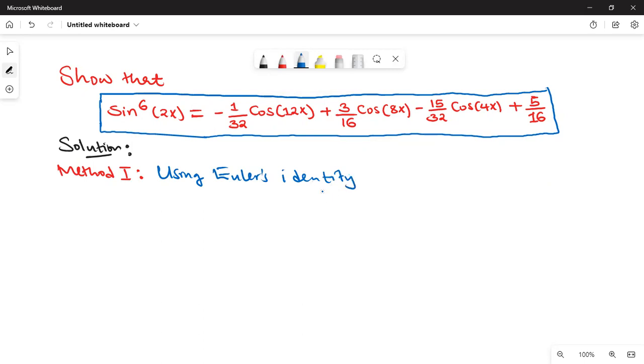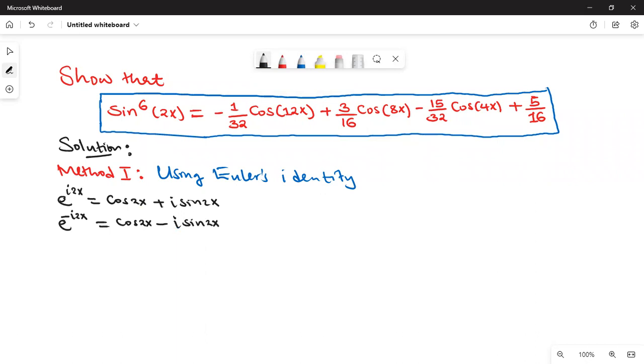Remember, I want us to take note that exponential i to x is the same as cosine of 2x plus i sine 2x. We also know that exponential negative i to x is equal to cosine of 2x minus i sine 2x.